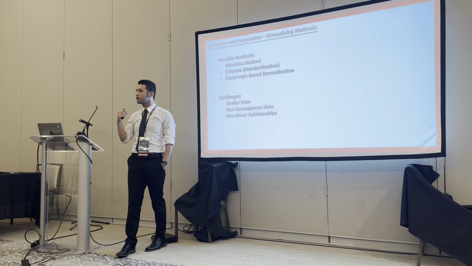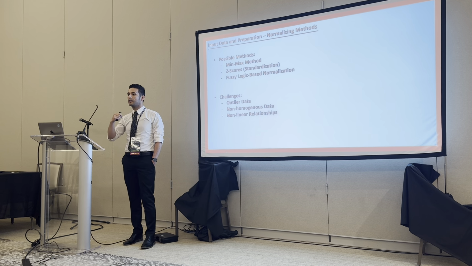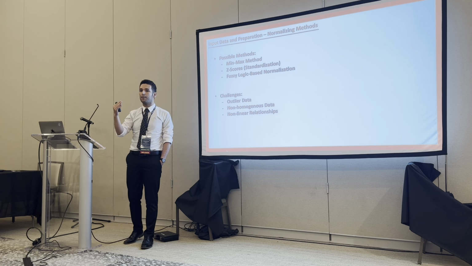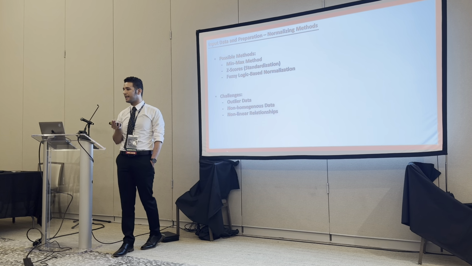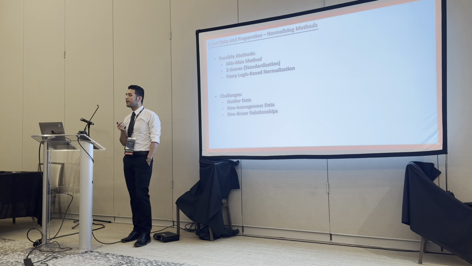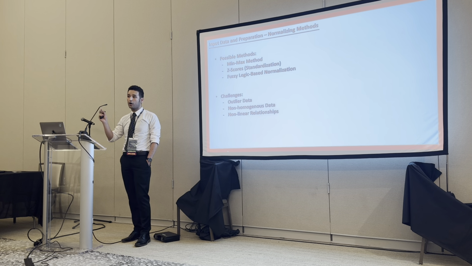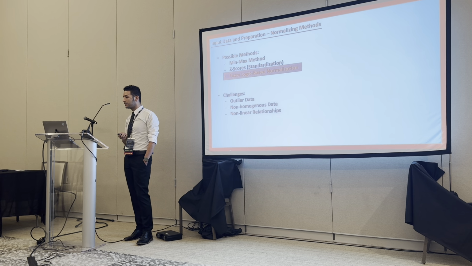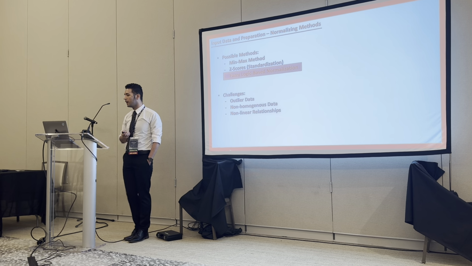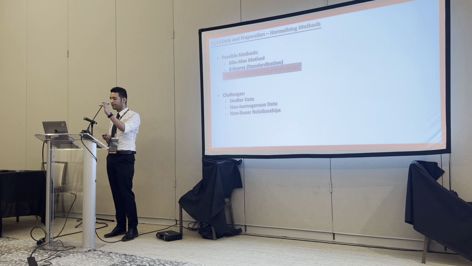But the same amount of increase in elevation, let's say from 50 to 51 meters, does not affect the vulnerability to oceanic floods that much, right? These kinds of relationships are hard to capture with the z-score method. Therefore, we decided to go with a fuzzy logic based normalization method.